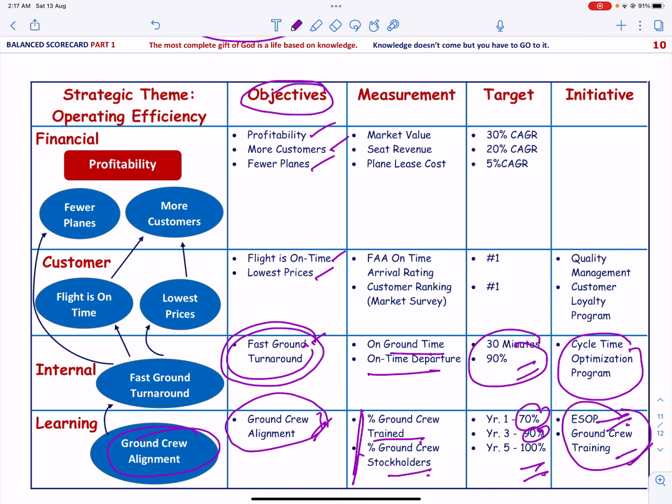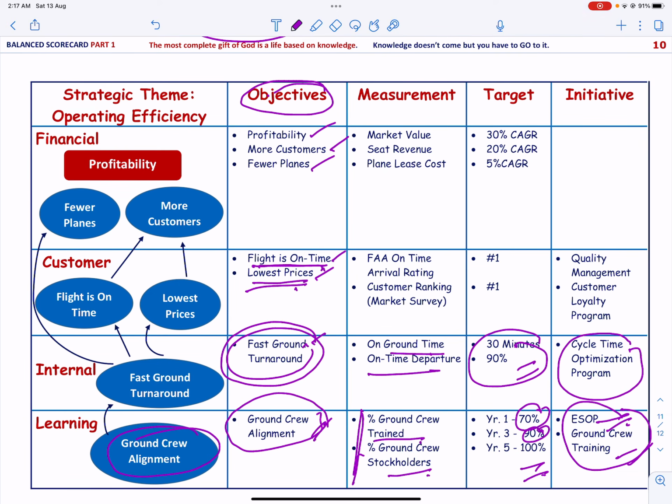As the assumption is, as long as the flights are on time, the airline offers the customers the lowest price.